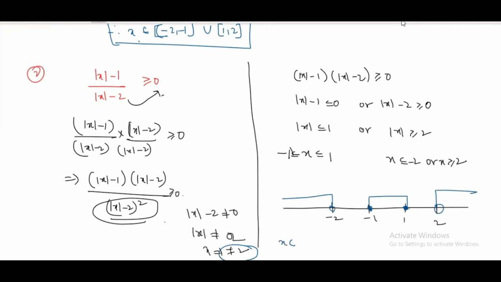So the common solution we can write is x belongs to closed interval minus 1 comma 1, union minus infinity to minus 2 open, union open 2 to infinity. So this is the solution for this question. This is the way we solve the modulus functions.